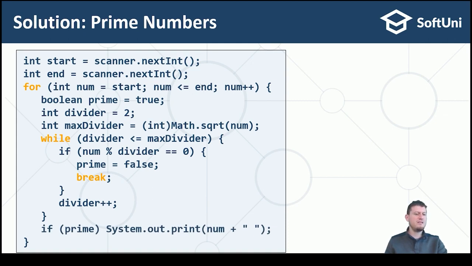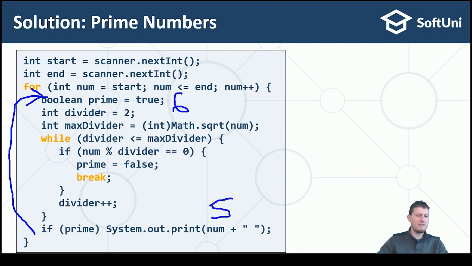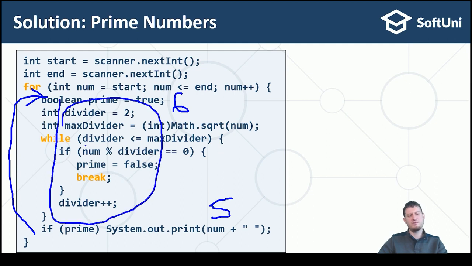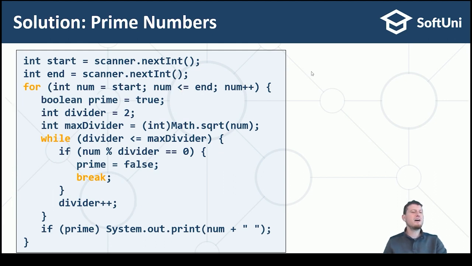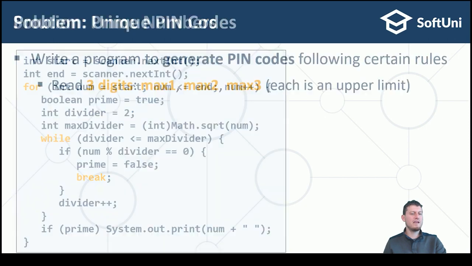And finally, if the current number is prime, we print it, and we go after that for the next number. For example, if the current number is 5, the next here will be 6, and this logic will repeat for 6. We're done with this problem, so let's go ahead with the next one.